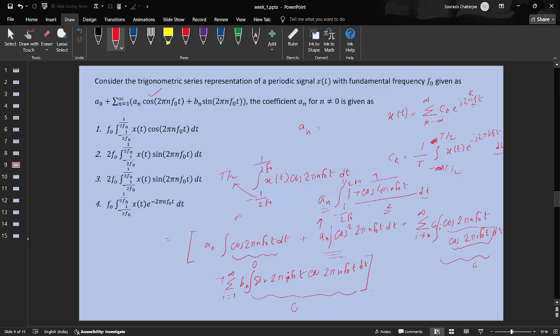From this particular integral we are left with an over 2 f naught, 2 from here and f naught. So essentially I have to multiply this integral with 2 f naught to get an. So none of the answers looks correct to me. It should be 2 f naught here, then it should be correct. 1 is my answer, but the factor 2 is missing. There should be a 2 here.